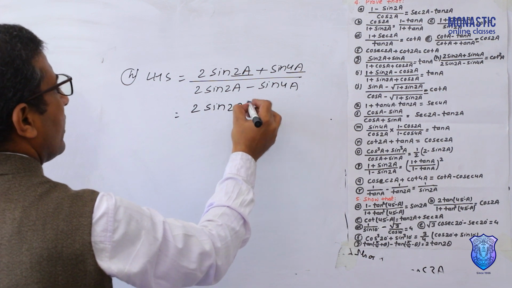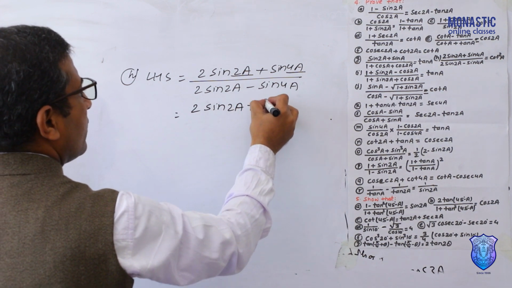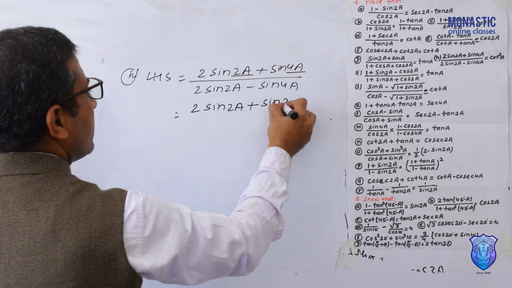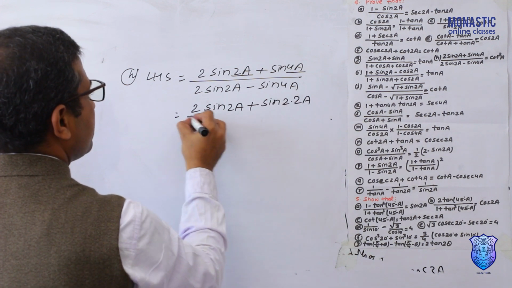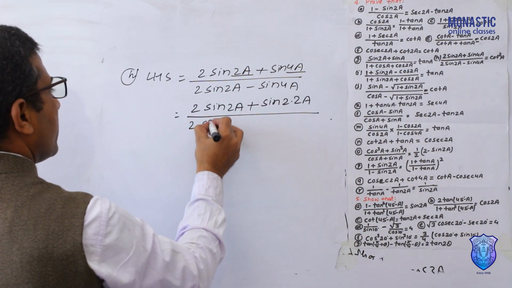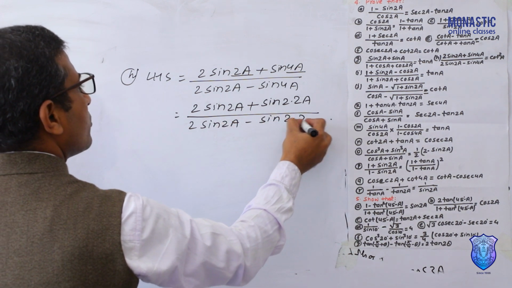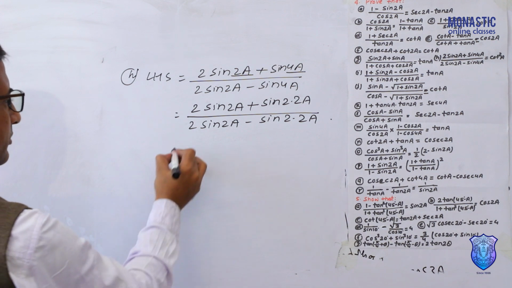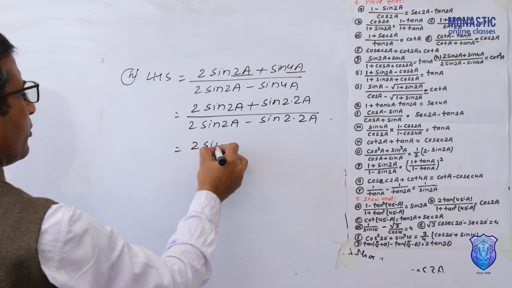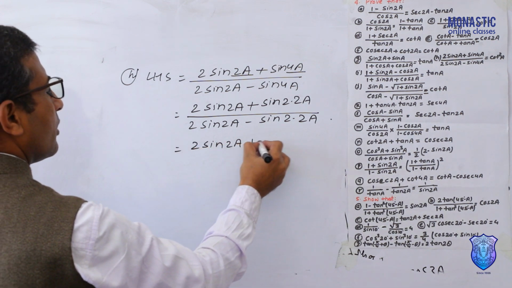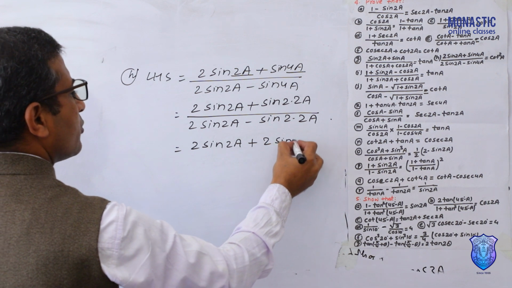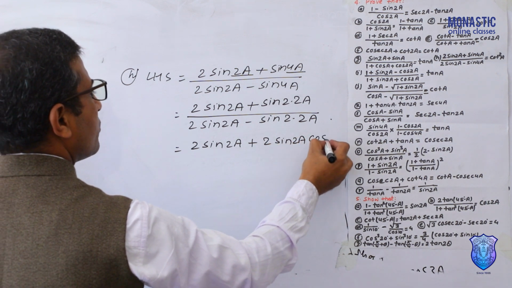Don't write the formula of sin 2A at first. It can be written as sin 2 into 2A. In the denominator also you can write sin 2 into 2A. What's the formula we have? 2 sin 2A cos 2A.